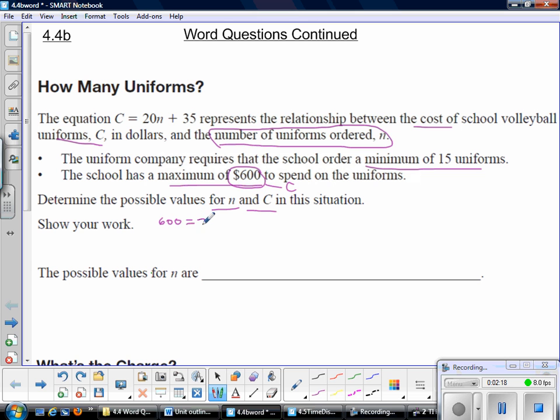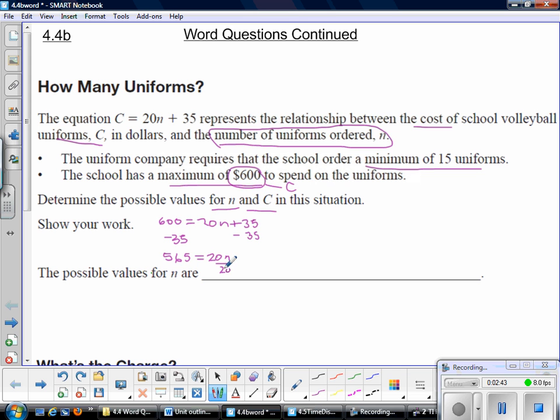equals 20n plus 35. Now we're solving this equation, so we're going to subtract 35 from both sides. When we do that, we get $565 equals 20n. And then we have to divide everything by 20.